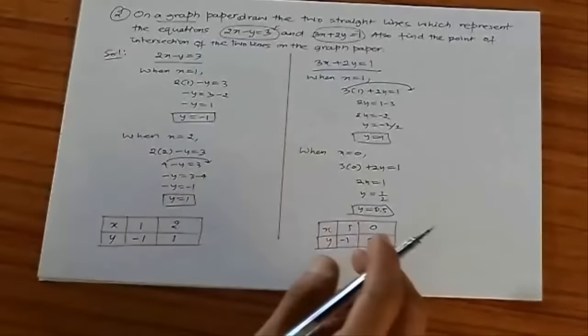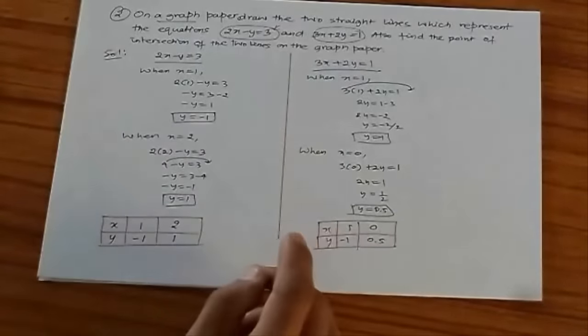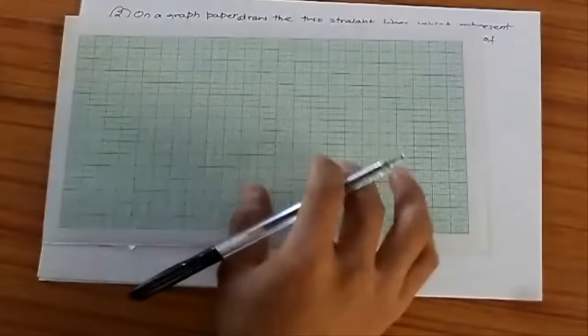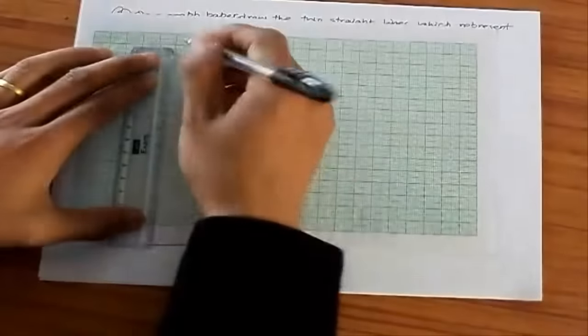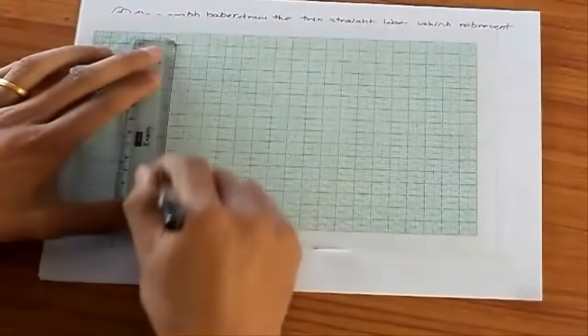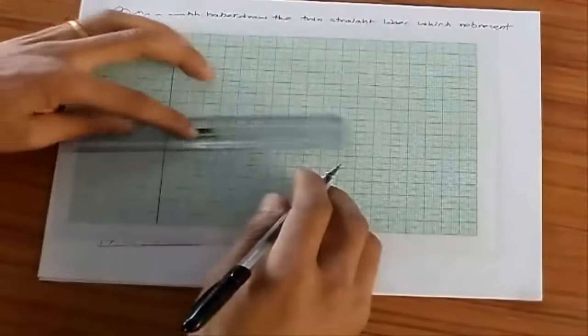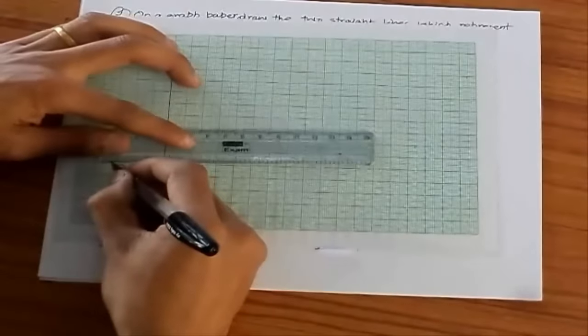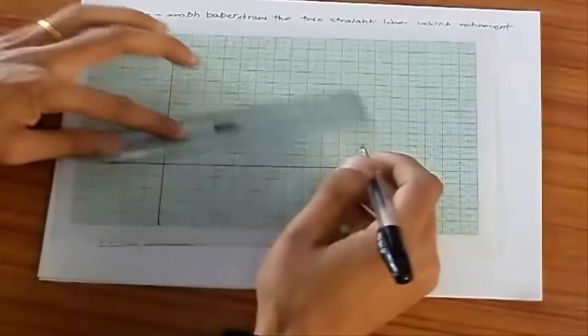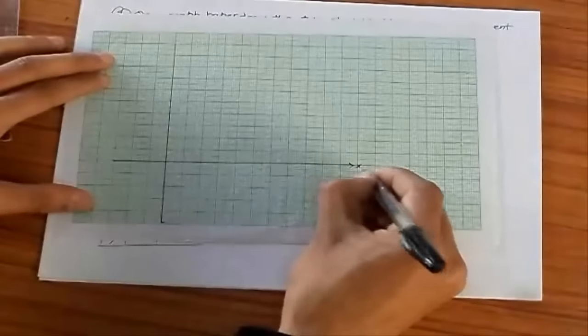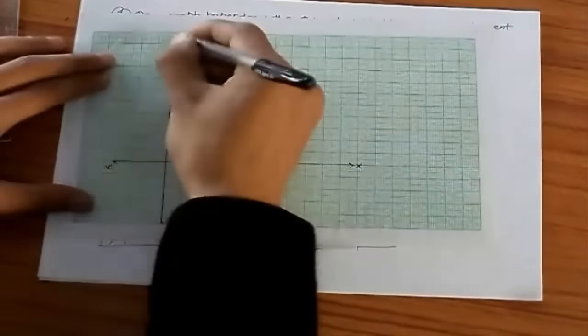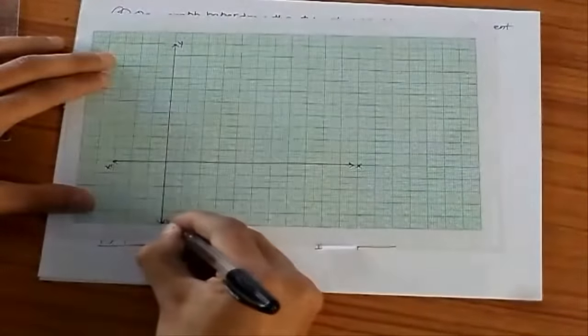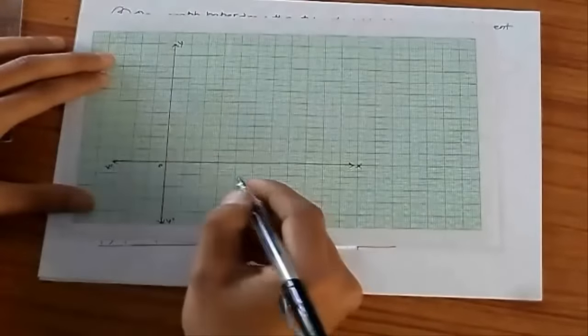It's very simple. Now we are going to plot in a graph. It's my graph paper, all the same thing. We're going to draw a reference line here, and then another reference line like this. So this is my x-axis, this is my y-axis.